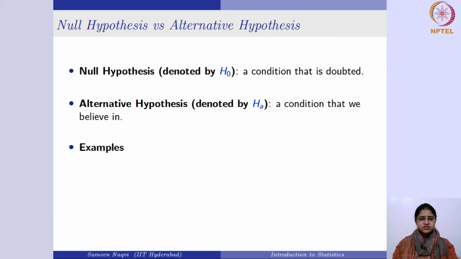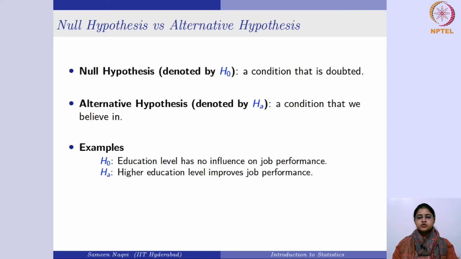Now let us understand some examples so that you can fully understand the meaning of null and alternative. Suppose you are interested to see the relation between education level and job performance. You know intuitively and by experience that if your education level is higher, your job performance would also be better, right? You will be getting better job offers also.